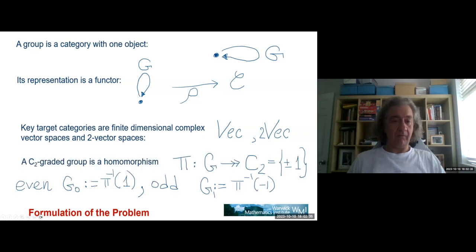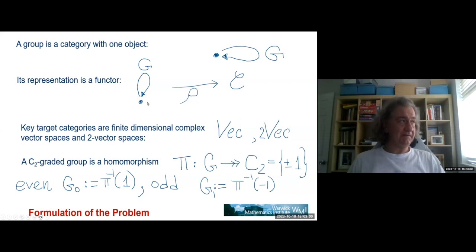Cool. Now, what is a C2 graded group? It's just a group with a surjective homomorphism to a cyclic group of order 2, with elements plus and minus 1. So it has the kernel, a coset of even elements, and it has a second coset of odd elements.